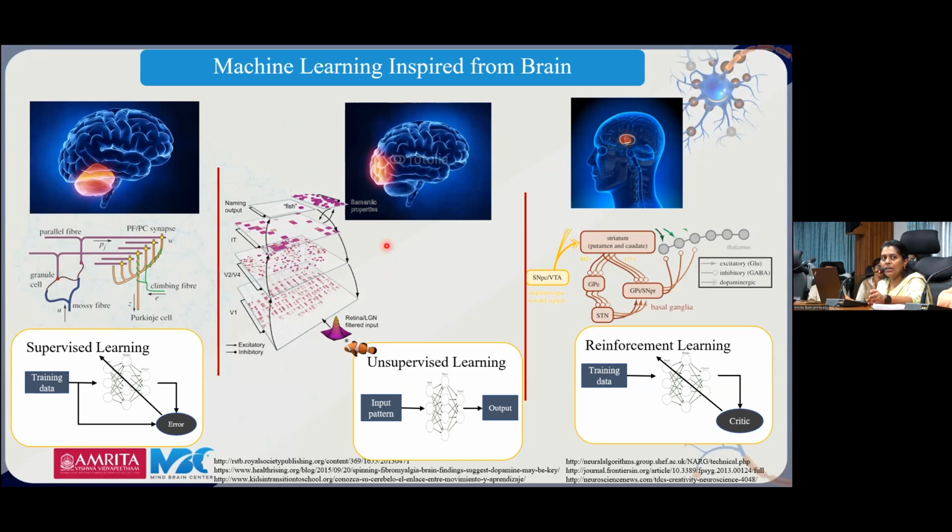The second type of learning was the unsupervised learning, where you have similar kinds of patterns, and you join all those patterns together to come up with some kind of understanding. That was confined to the cortical regions. And the last one is the reinforcement learning, where reward-based or punishment-based, critic-based learning happens. That is what we had seen in the basal ganglia. So these were the general kinds of learning put forward in the beginning itself.